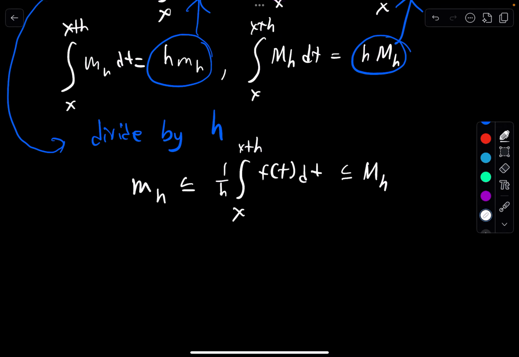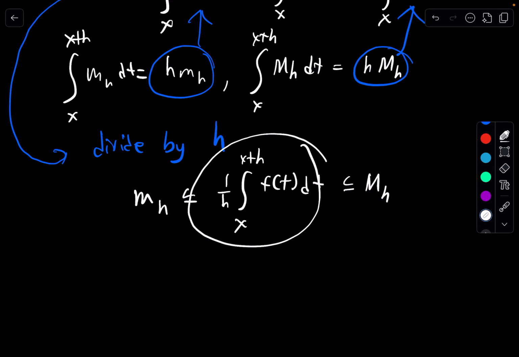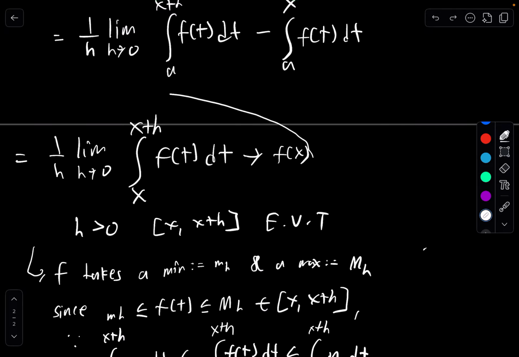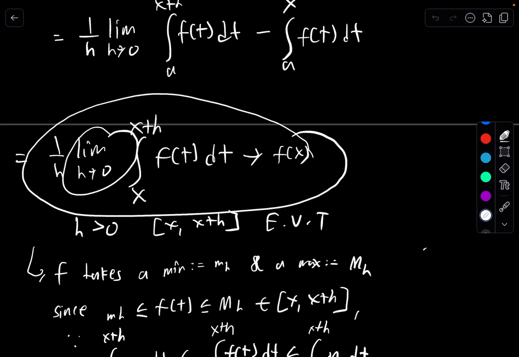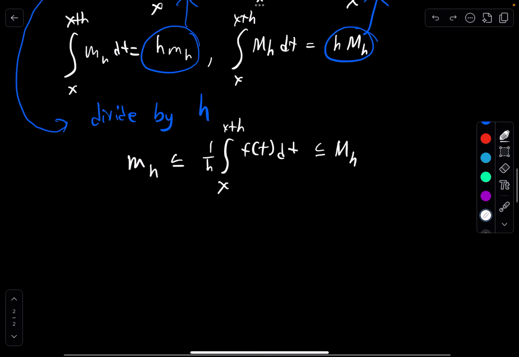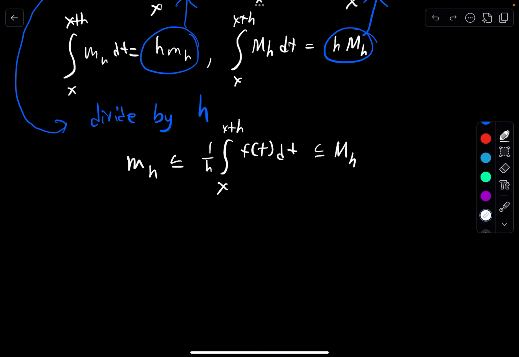And so in here, remember guys, what does this look like? This looks a lot like this, but without the limit. So all we're going to do here, guys, is take the limit of everything as h goes to 0 of all of this.